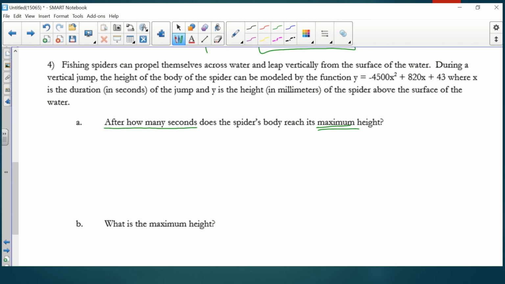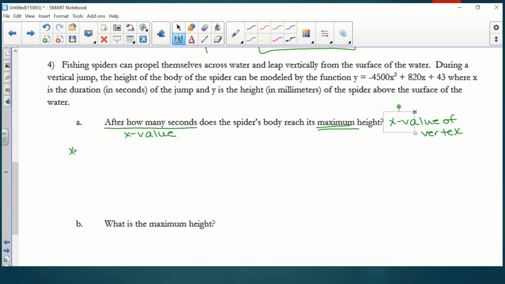After how many seconds? All right, seconds refers to duration, and that is going to be our x value. So we are trying to find the x value of the vertex. And remember, we know how to do that. We've been doing it all along.